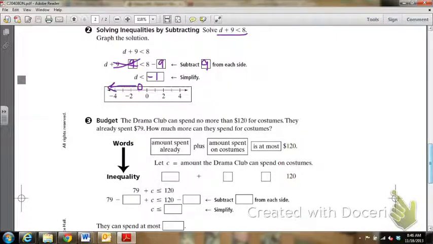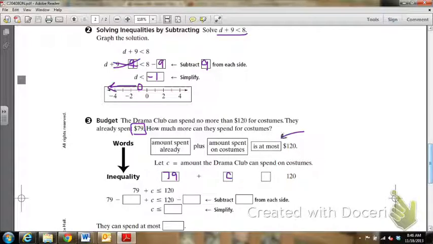Now let's try a word problem. The drama club can spend no more than $120 for costumes. They already spent $79. How much more can they spend for costumes? So the amount spent already is $79, it's right here, plus the amount spent on costumes, which we don't know, so they're telling us to use C for that.